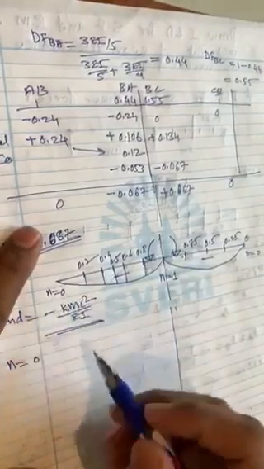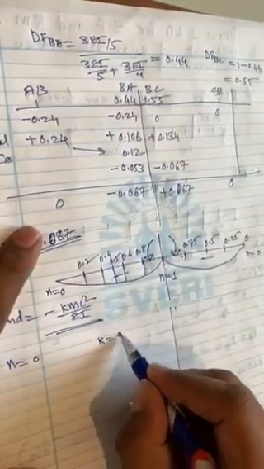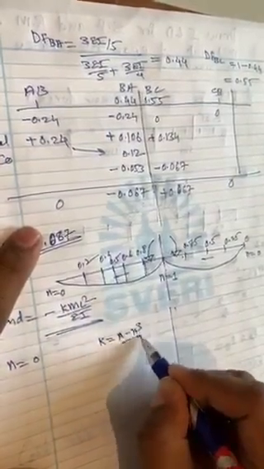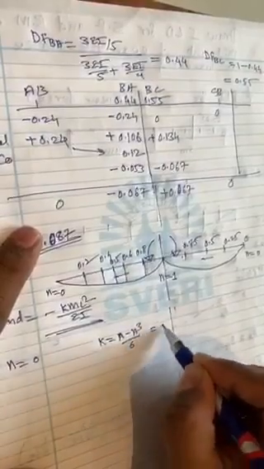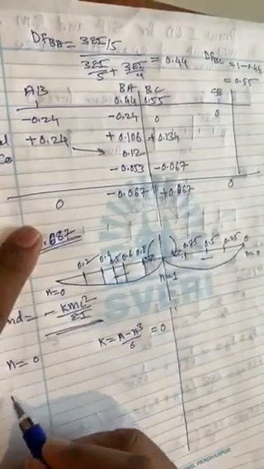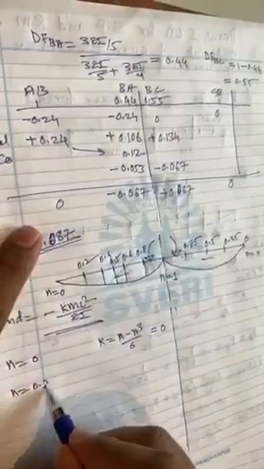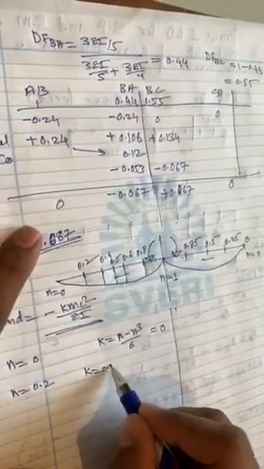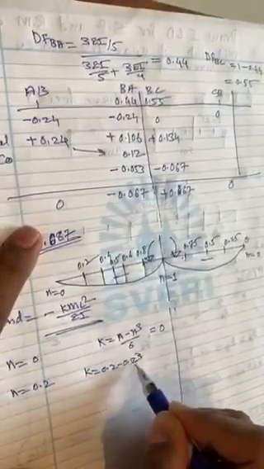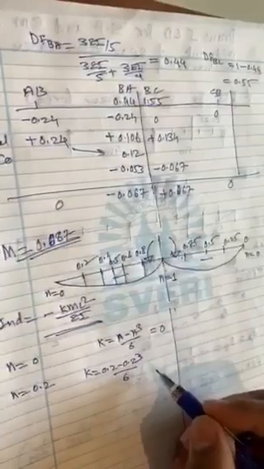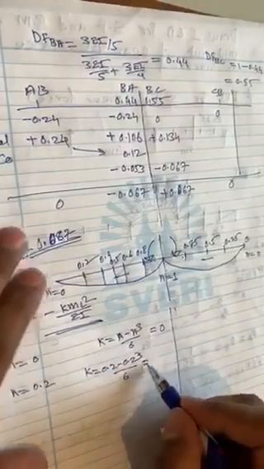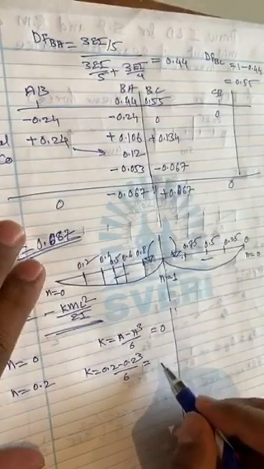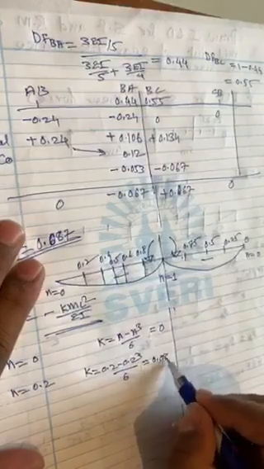N is equal to 0, then k is equal to n minus n cube by 6. As n is 0, k will be 0. So n is equal to 0.2, so k will become 0.2 minus 0.2 cube by 6, and then it will come out as 0.032.